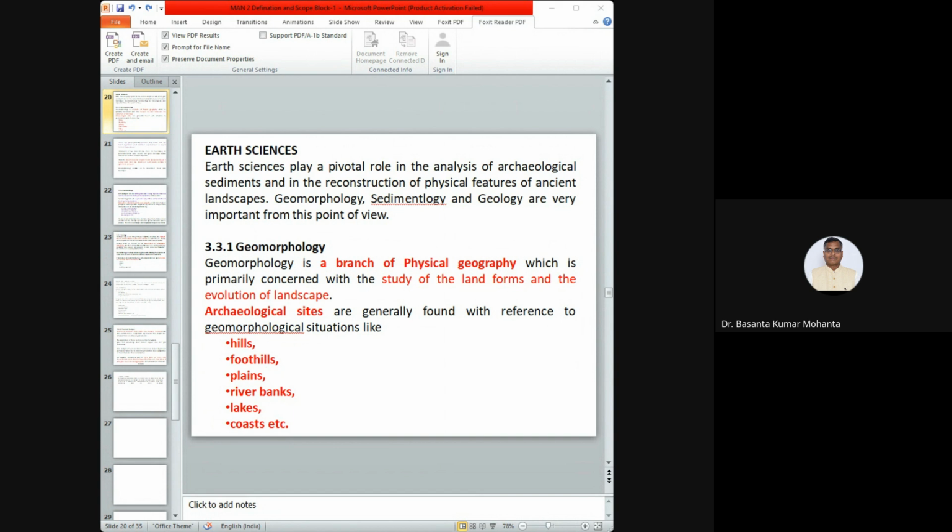That particular site is located close to the lake.